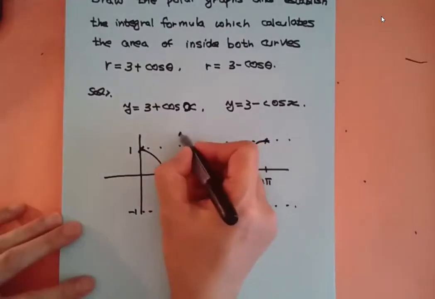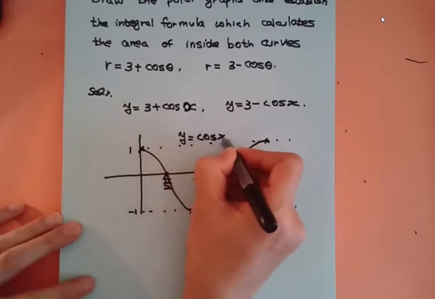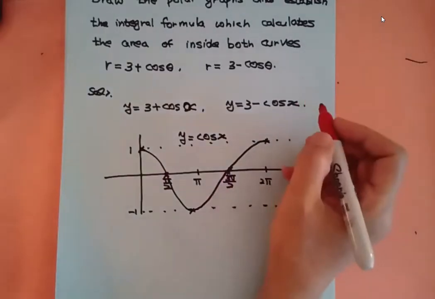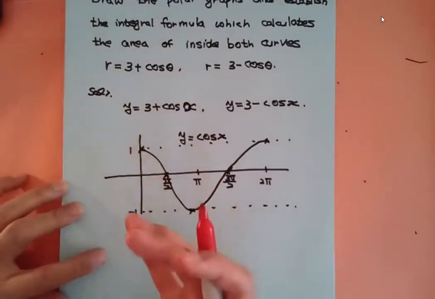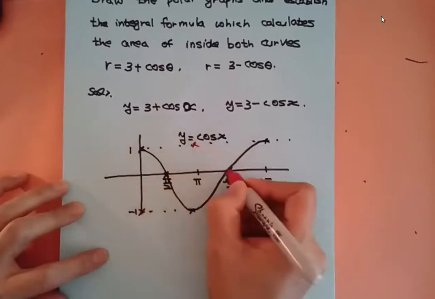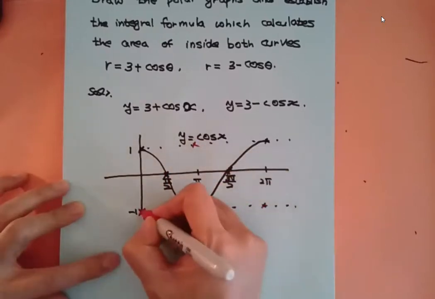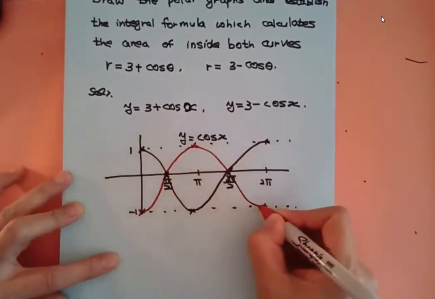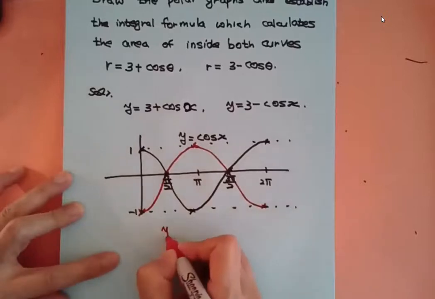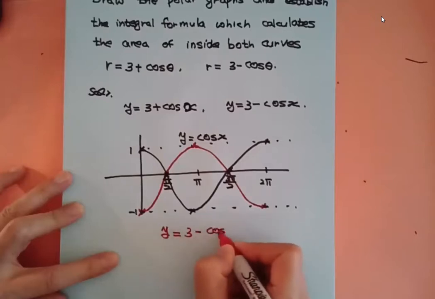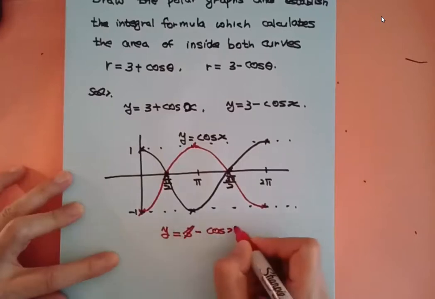This is y equals cosine of x. And the other graph I want to graph is minus cosine of x. Then it switches the y value, so it looks like this. This red graph is y equals minus cosine of x.